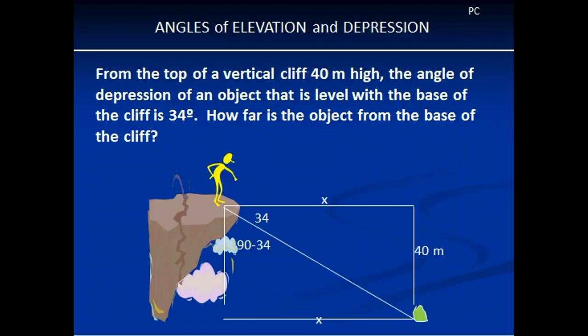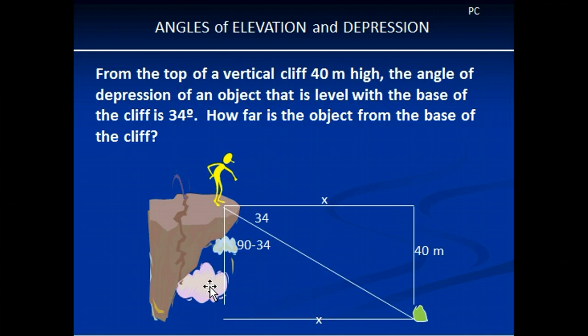Now here's my favorite one. From the top of a vertical cliff 40 meters high, the angle of depression of an object that is level with the base of the cliff is 34 degrees. How far is the object from the base of the cliff? This is a very simple drawing I just got online, so this cliff should continue straight down.